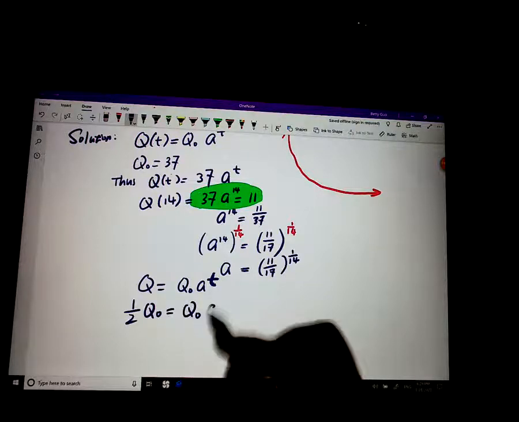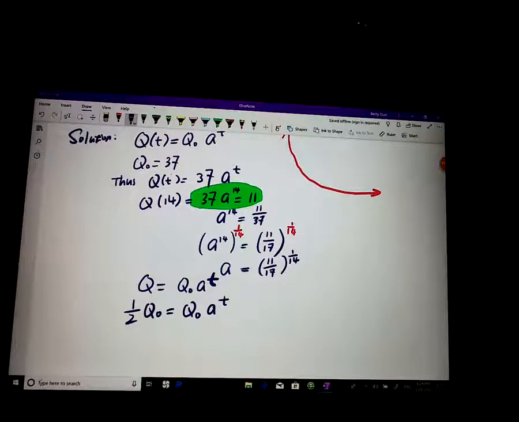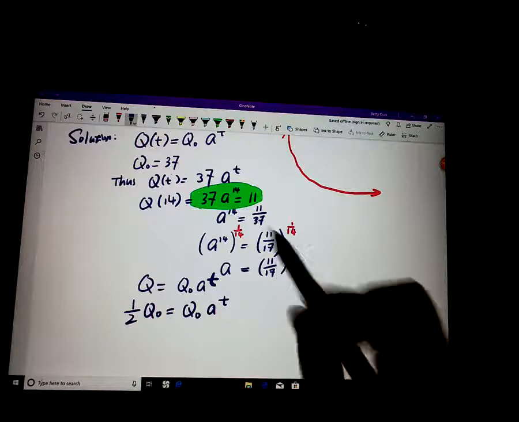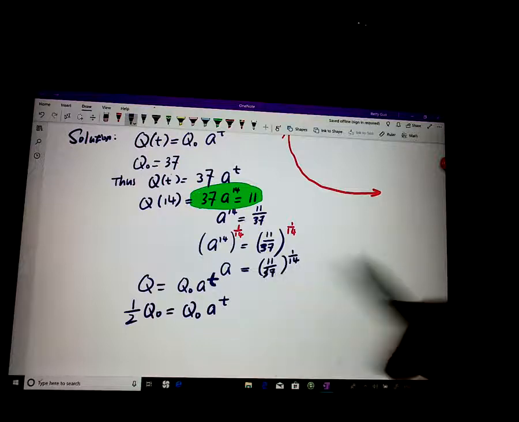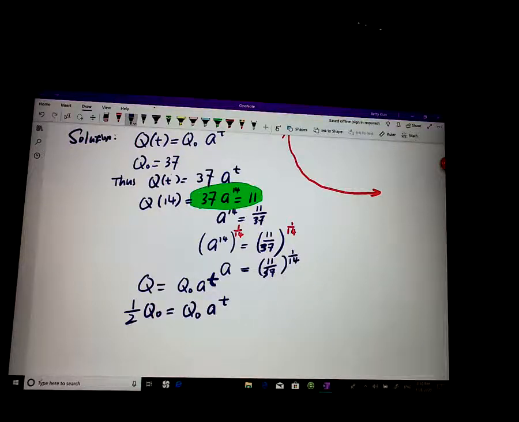Do you see what happened here? So we know Q sub 0 equals 37, but we don't actually use the value here. We do need it earlier. Sorry, it's 37, not 17. 11 over 37. Okay?